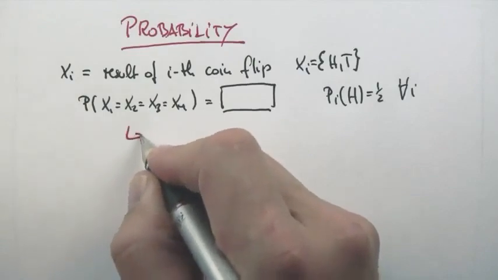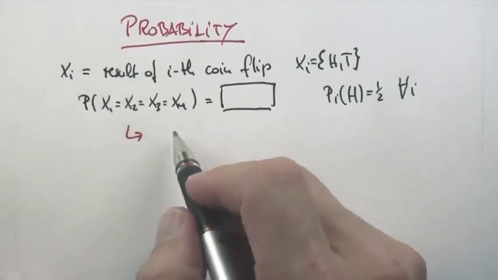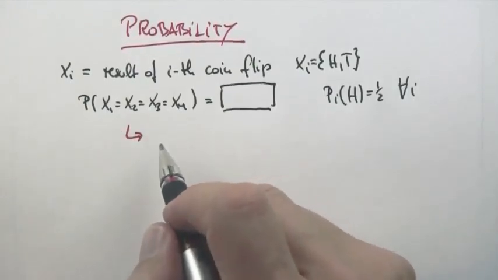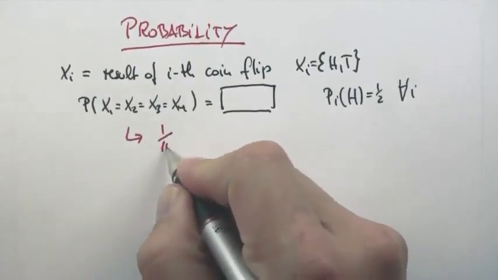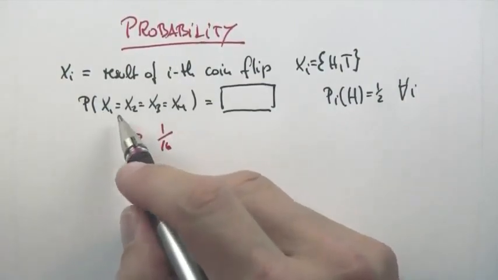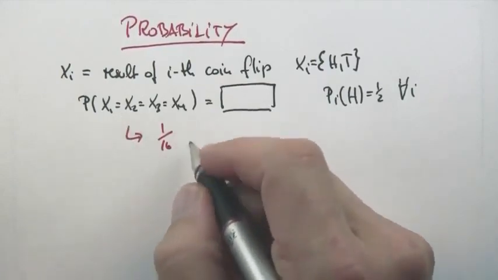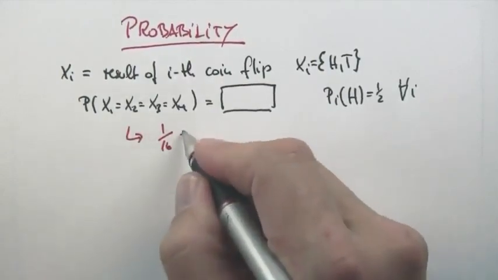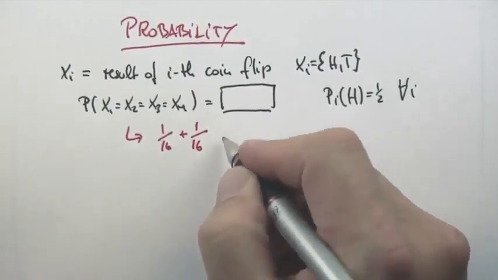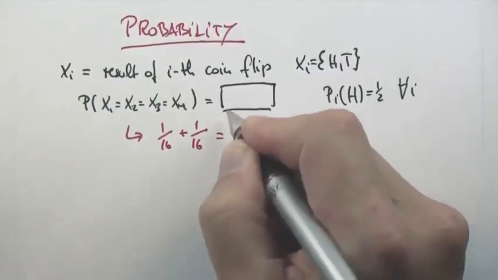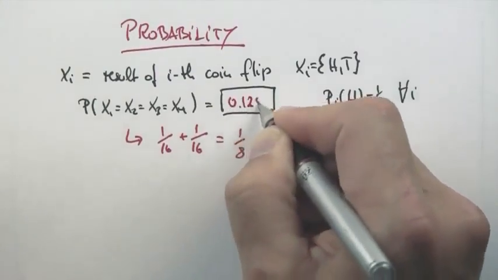And the answer is, well, there's 2 ways that we can achieve this. One is they're all heads and one is all tails. You already know that 4 times heads is 1/16. And we know that 4 times tail is also 1/16. These are completely independent events. The probability of either one occurring is 1/16 plus 1/16, which is 1/8, which is 0.125.